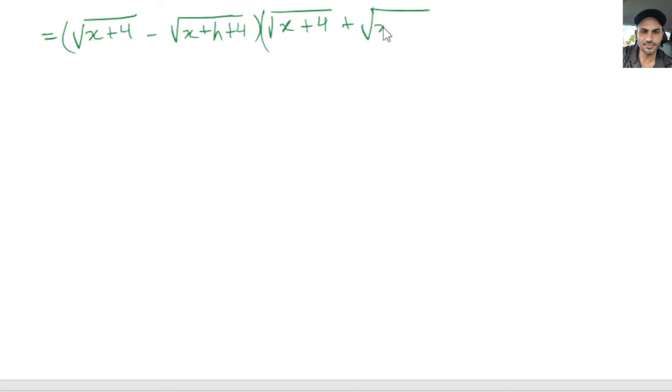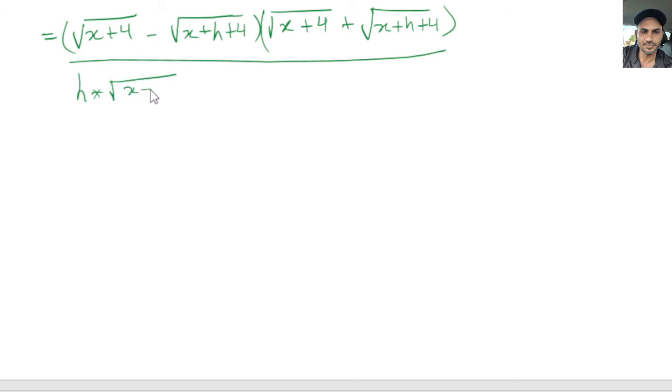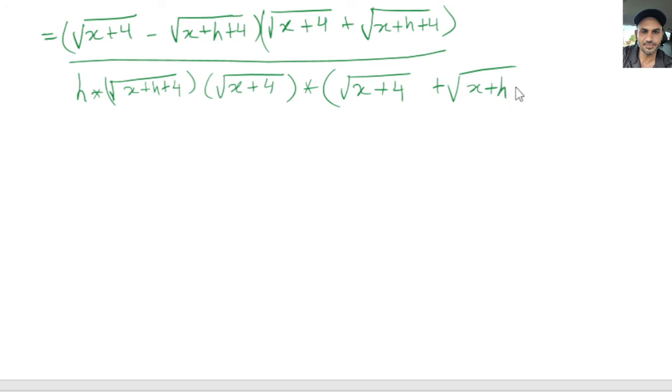So this is square root of x plus h plus 4, and in the denominator we had h times square root of x plus h plus 4 times square root of x plus 4, and then another term from here since we multiplied and divided, square root of x plus 4 plus square root of x plus h plus 4.